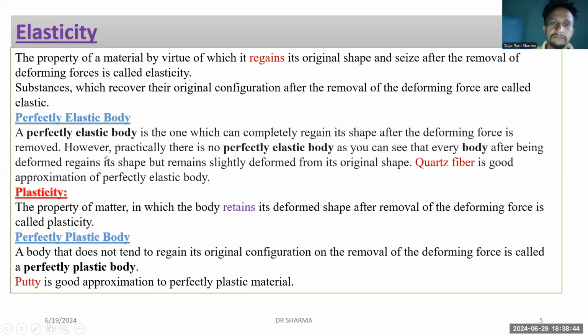There are some substances which possess more elasticity than others. Those substances which completely regain their original shape, size, and dimension instantly after removing the deforming force are called a perfectly elastic body. In practice, a perfectly elastic body does not exist, but quartz fiber is a good approximation of a perfectly elastic body.